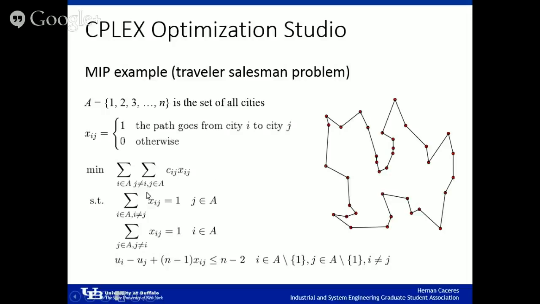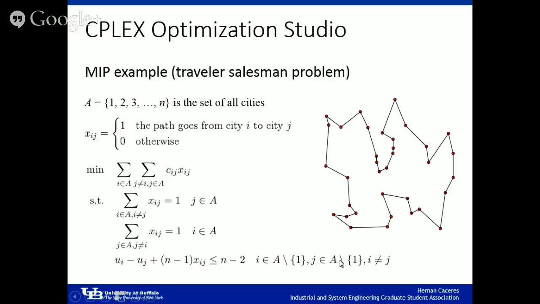Notice here that the summation is over i and then over j, but I have to skip the j's that are equal to the i, and the same here. And in particular in this one, the subtour elimination constraint, the i and the j have to be different, and I also have to leave out the i's and j's that are equal to 1.